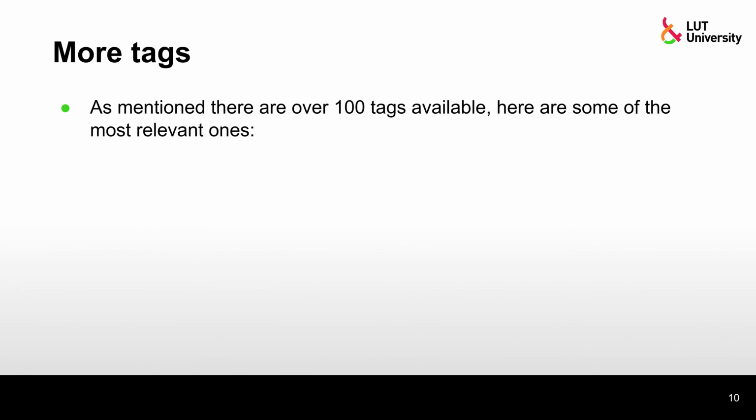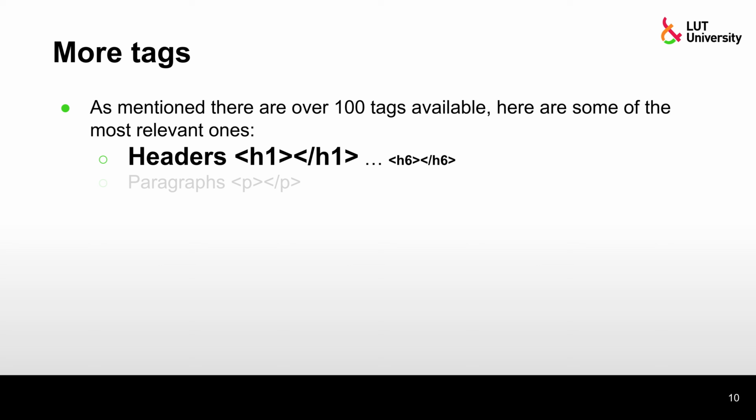And then actual tags. As mentioned, there are over 100 tags available. Here are the most relevant ones. So we have the headers. HTML has 6 headers, H1 to H6. So there is no H7 or H8, but these 6 are available. We have simple paragraphs.